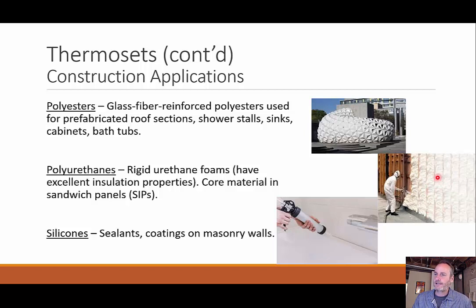Because these have great insulating properties. Or it could be the core material in a SIP, which is two panels with the insulation in between. Silicones. We have sealants and coatings on masonry walls. This looks like a bathroom application because it is very waterproof. If you get 100% silicone, you'd use that in a waterproof caulking situation.